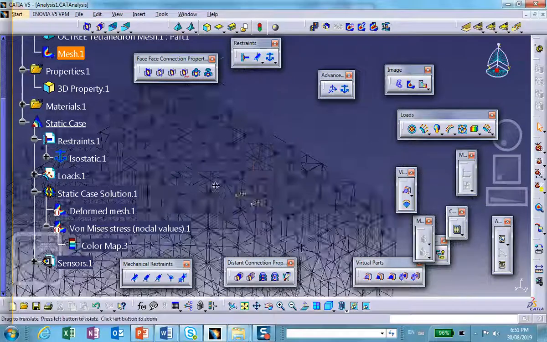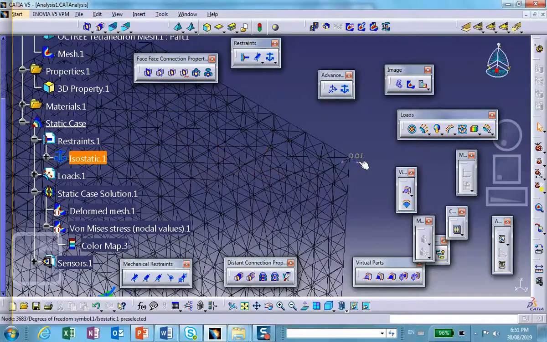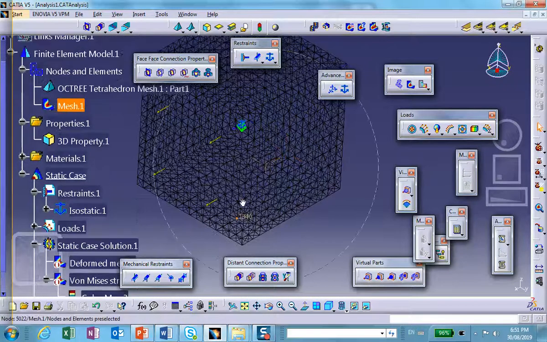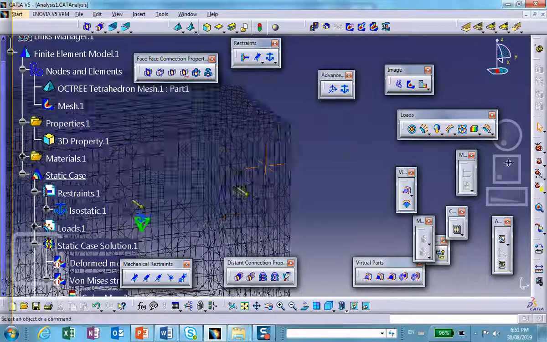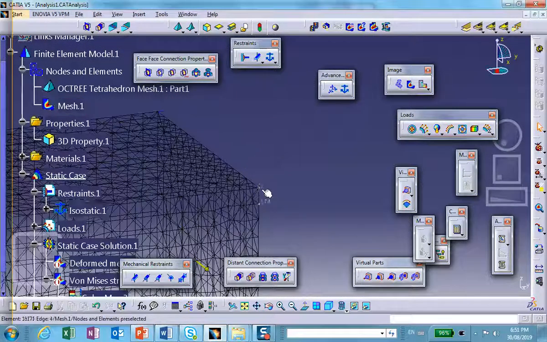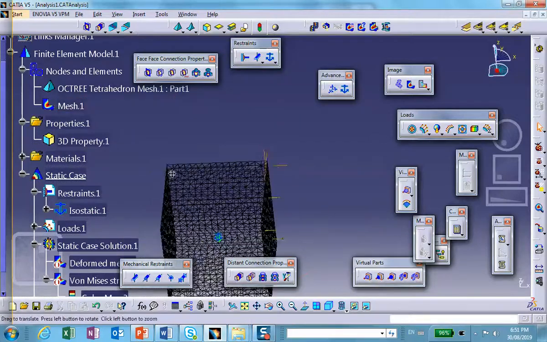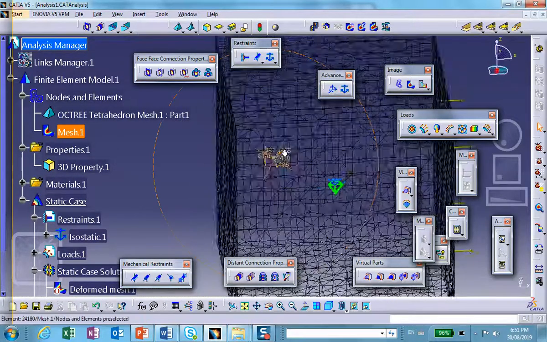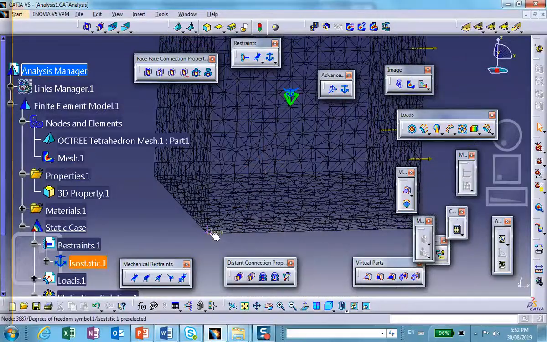Right here, see that? 2 degrees of freedom were fixed here. Let's turn it around. 1 degree of freedom is fixed there, and probably at the other corner. At the other corner in the bottom, 3 degrees of freedom were fixed. Right there, 3 degrees of freedom were fixed.